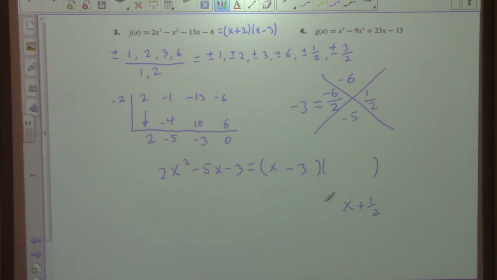And what is this going to be, bottoms up? 2x plus 1. So here's 2x plus 1, and that is our answer.